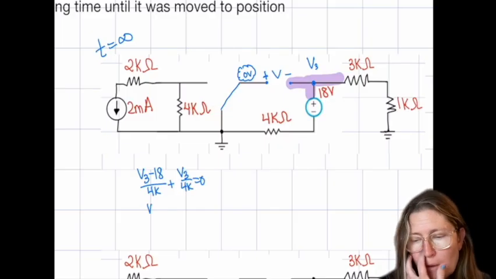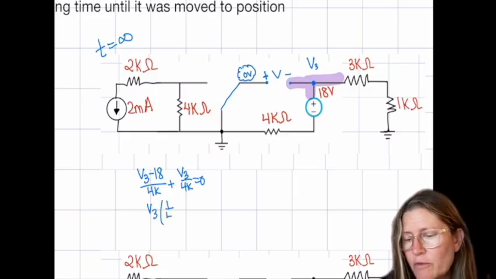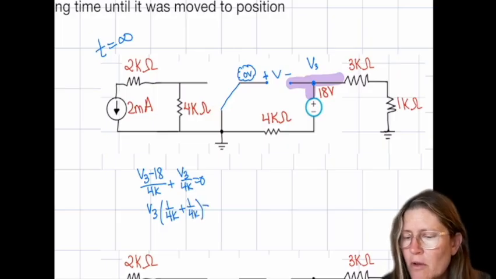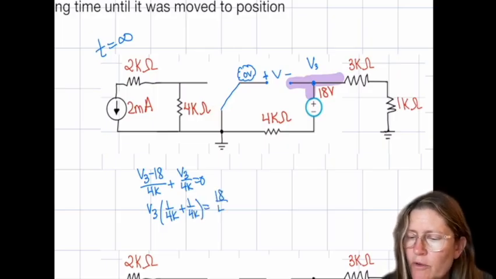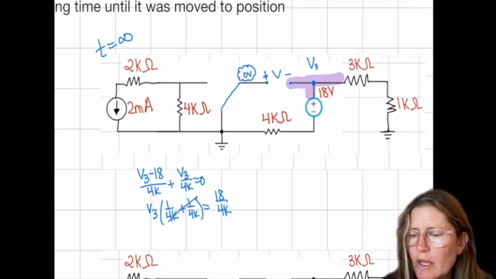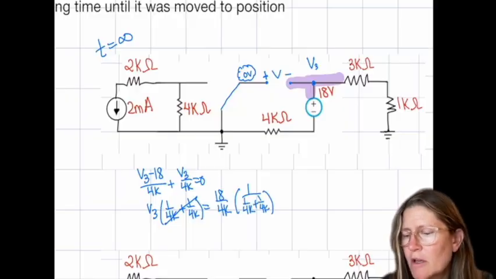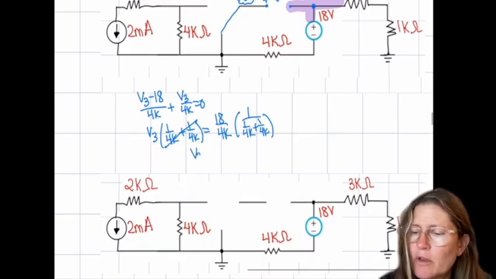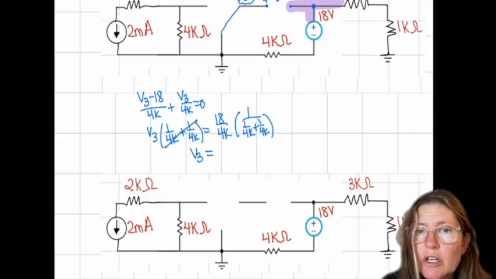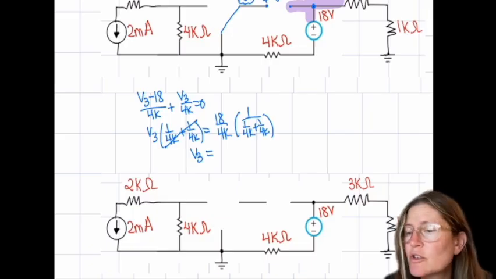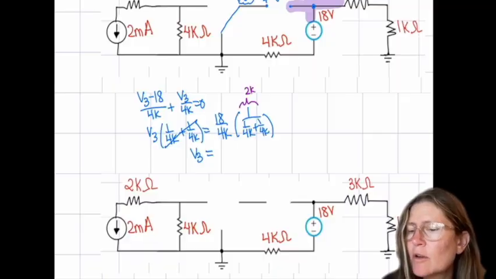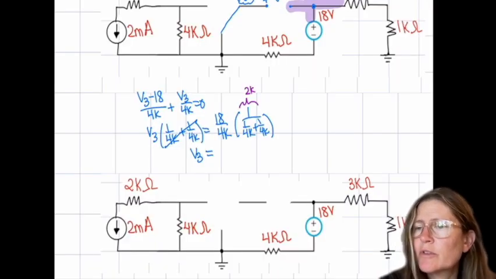Combining these gives 1 over 4K, 18 over 4K, and then dividing by that 1 over 4K plus 1 over 4K gives me 4. The 4s are going to, this turns into 2K, and so I end up with 9 volts here.